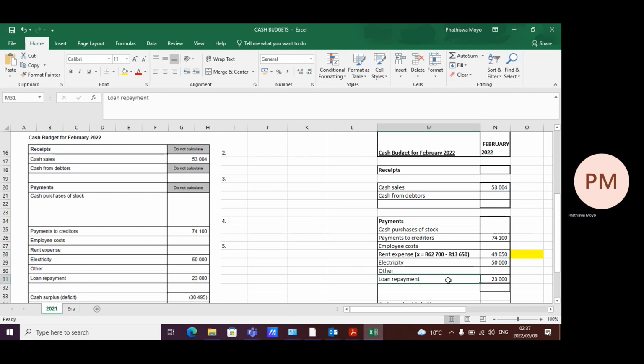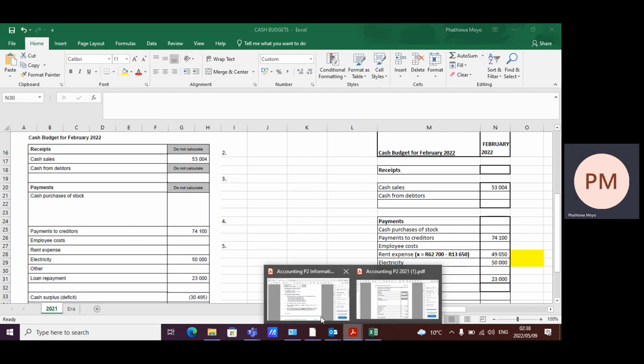Okay, so this is what they should budget for, because the other part of the rent is taken out as inventory, the pieces of clothing. Okay, electricity they've given to us.